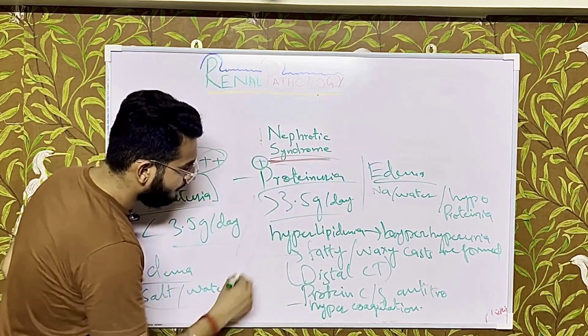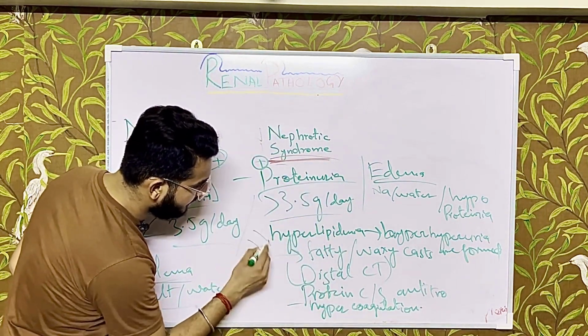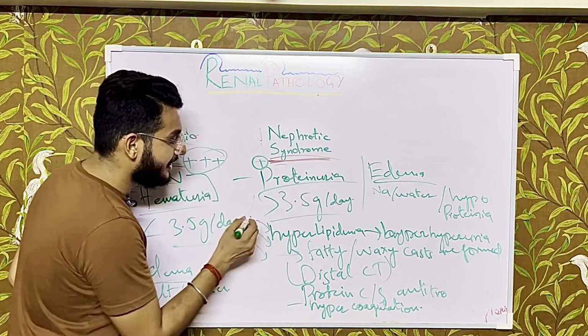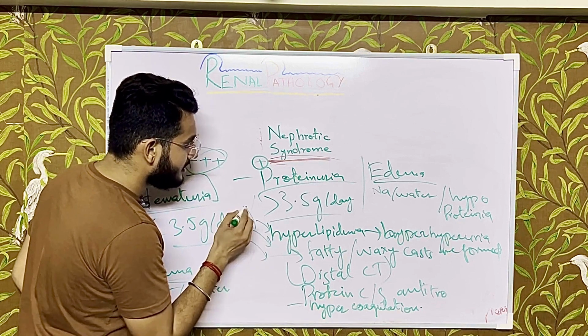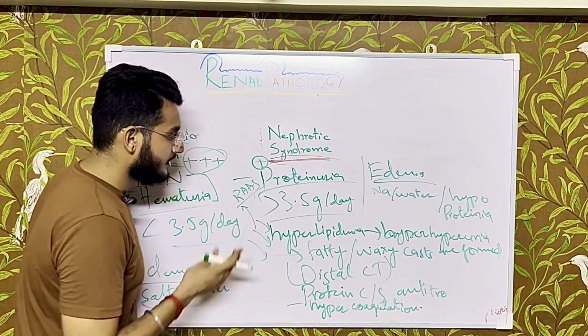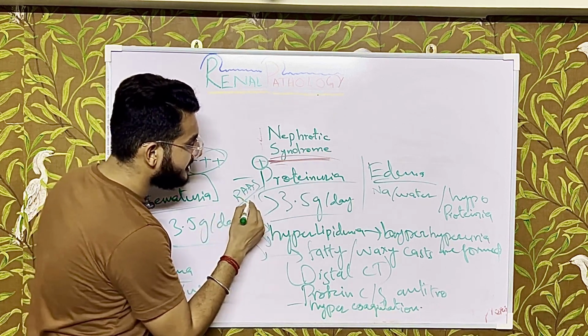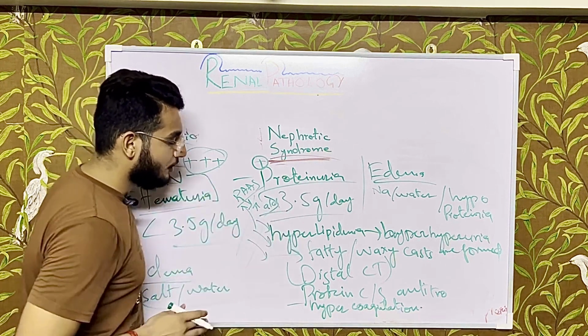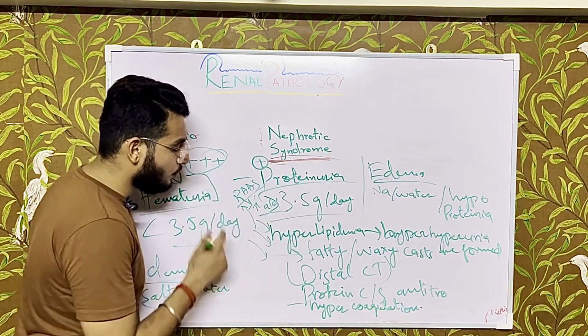The fluid from the capillaries oozes out into the interstitial spaces, due to which fluid volume in the blood decreases. This decreased fluid volume causes activation of the RAS, the renin-angiotensin system. This RAS causes increased production of aldosterone. What does this aldosterone do? It causes the retention of sodium and water.